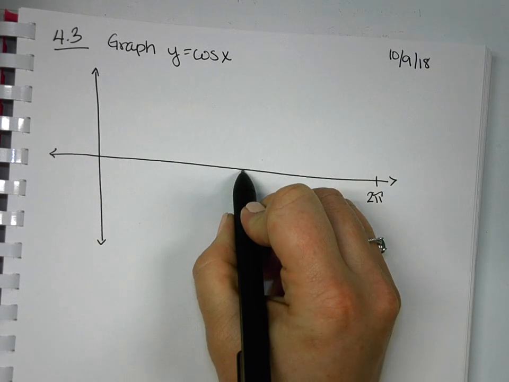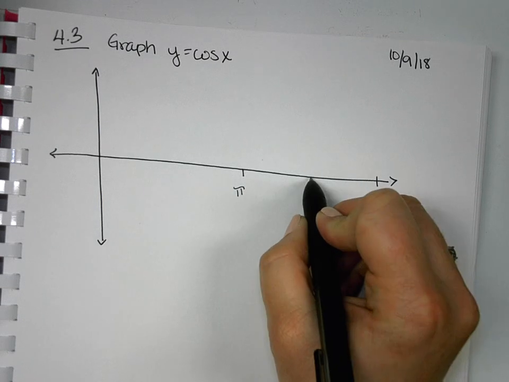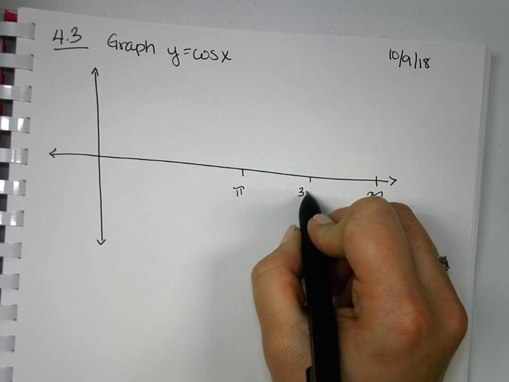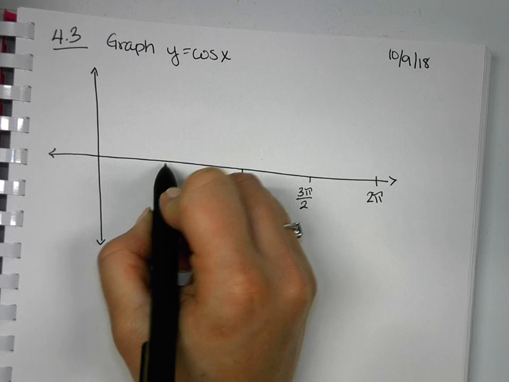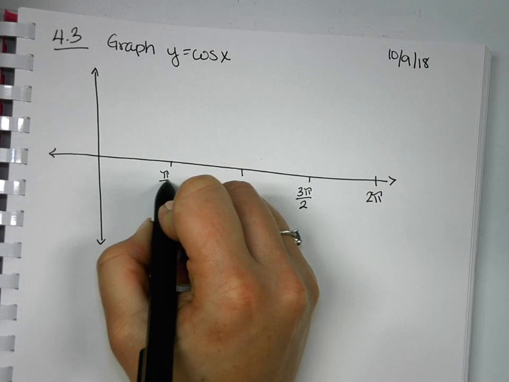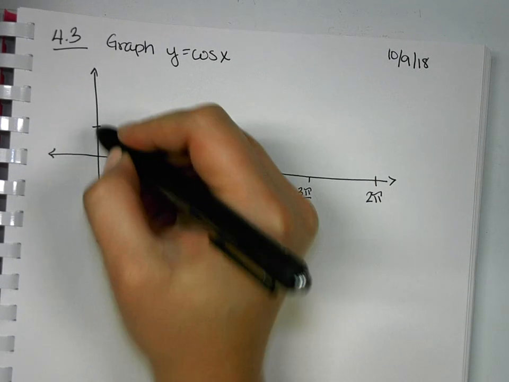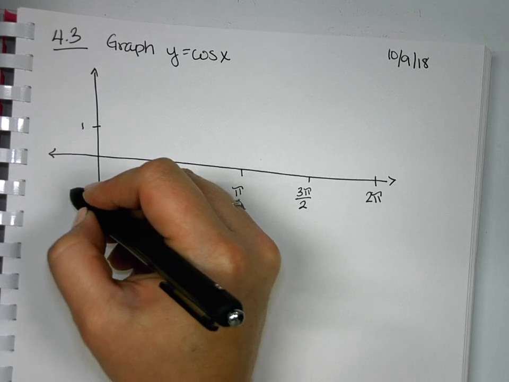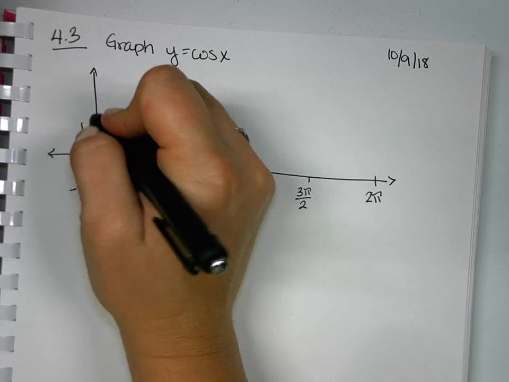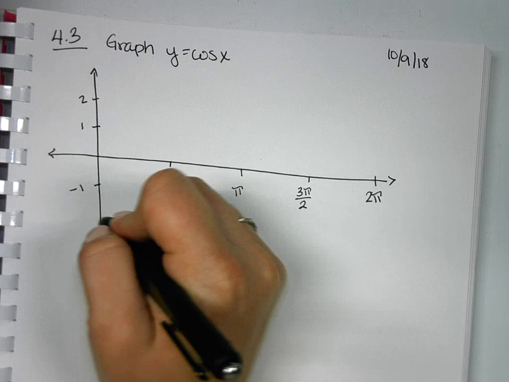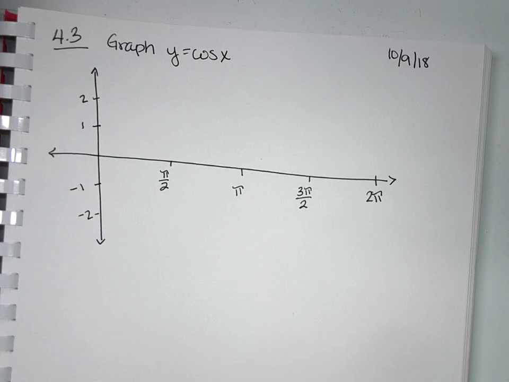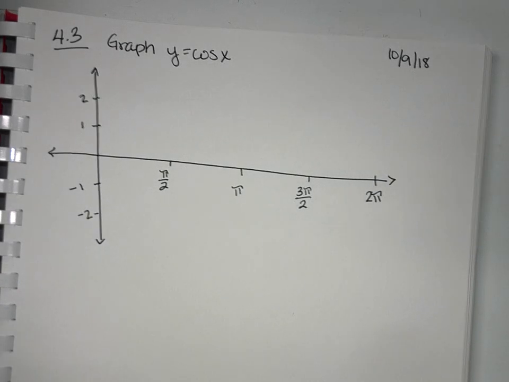So I'm going to go ahead and mark my graph with my intervals, and I'm going to go 1, -1, 2, -2, and we're going to do, just like yesterday, 3 different graphs to see what happens.